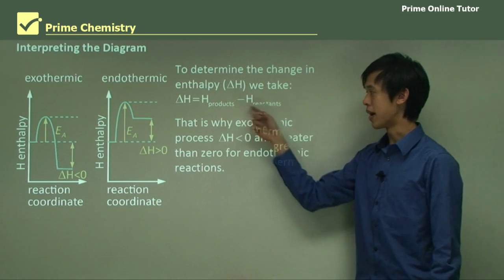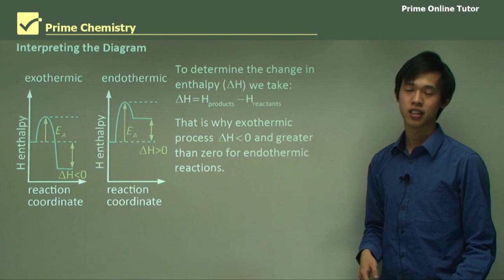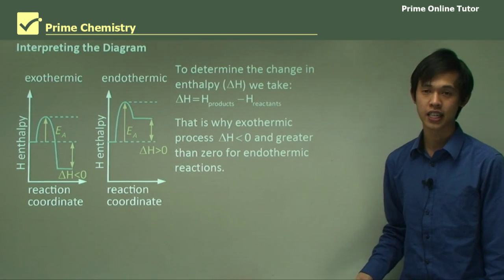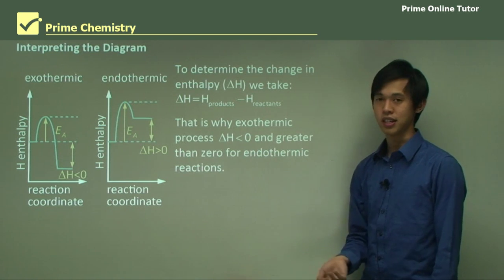A small number minus a big number will be a negative number, like 2 minus 40 is negative 38. So in an exothermic reaction, delta H is always less than 0.